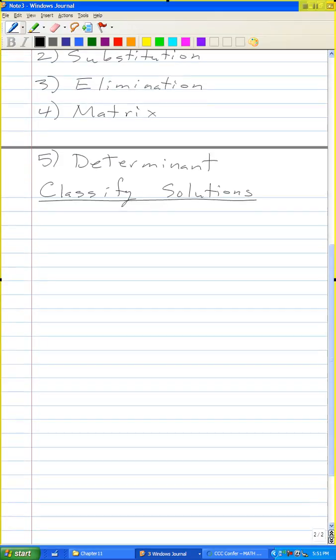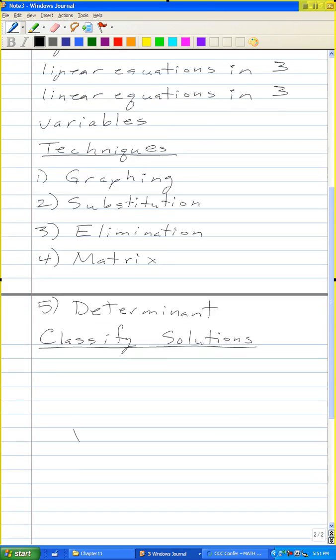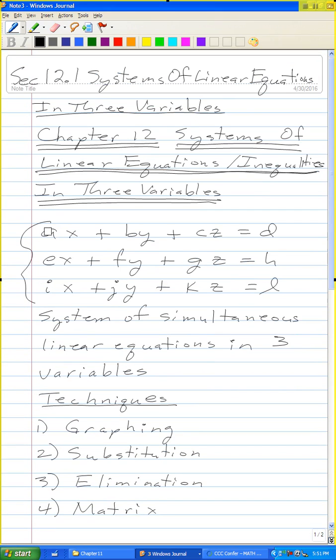Suppose we have an equation of the form ax plus by plus cz equaling d.